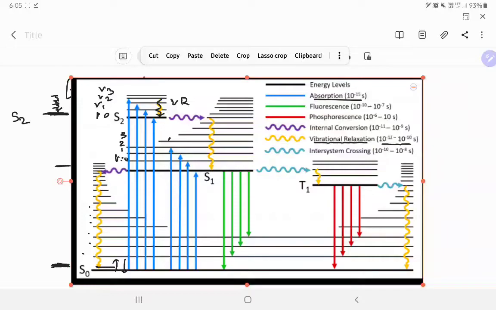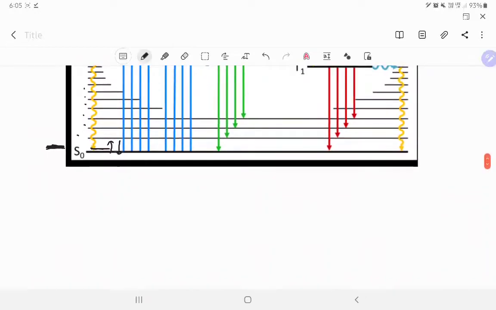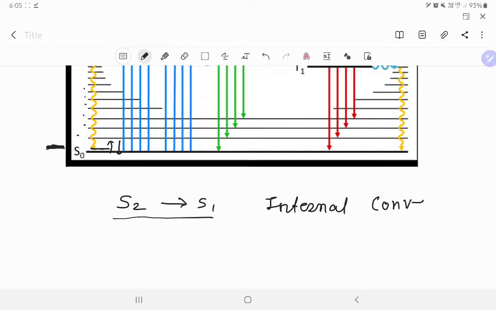Such a transfer from S2 to S1 is called internal conversion, denoted by IC.